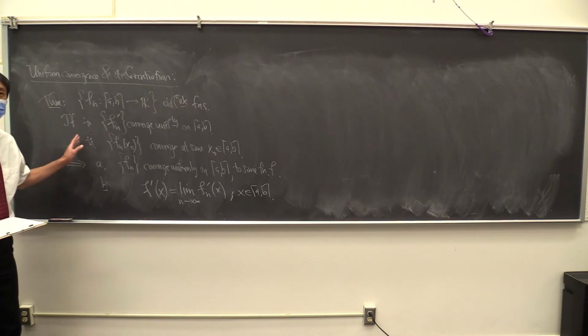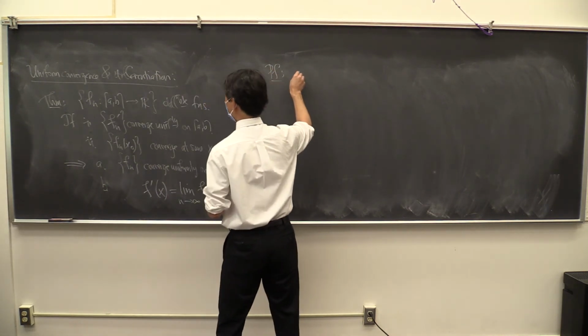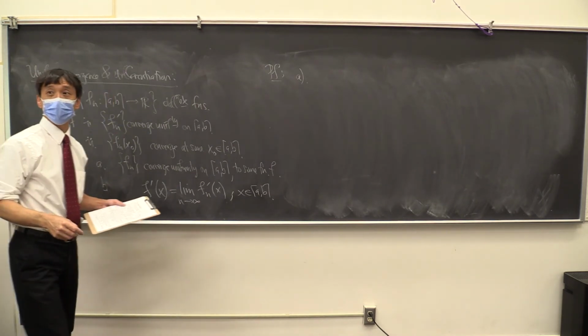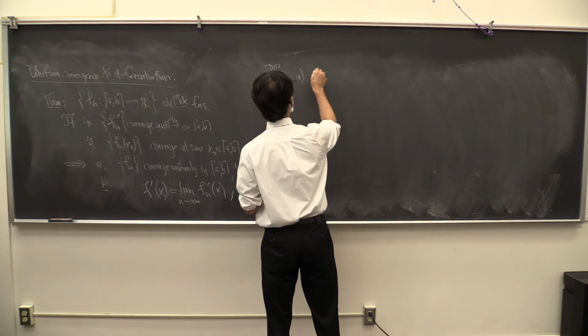Okay, so let's do it. So part A, we want to show that the f sub n converge uniformly. We're going to use the Cauchy criterion.